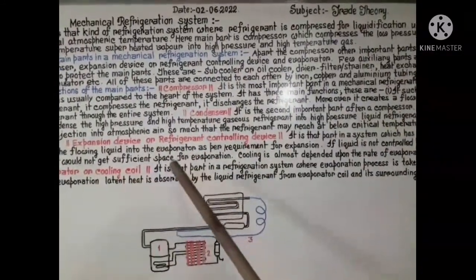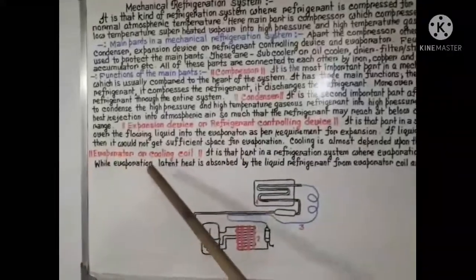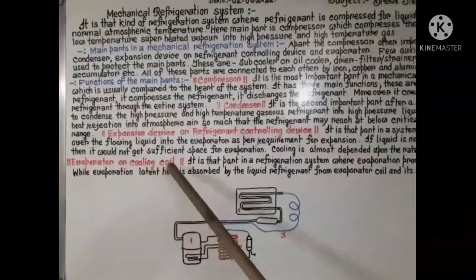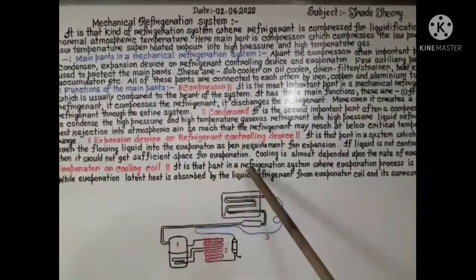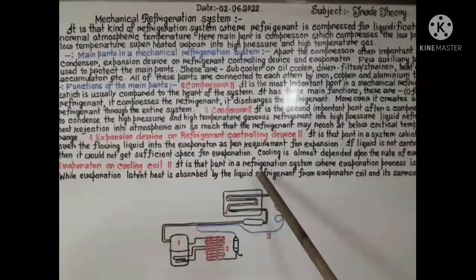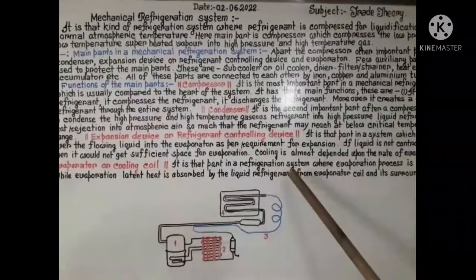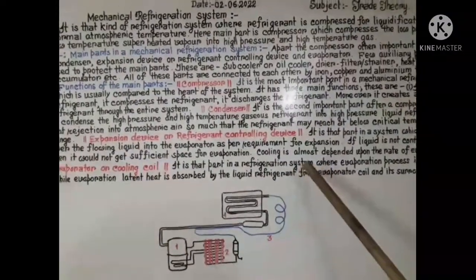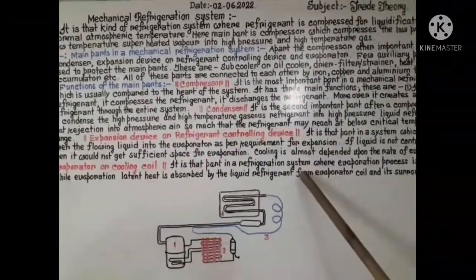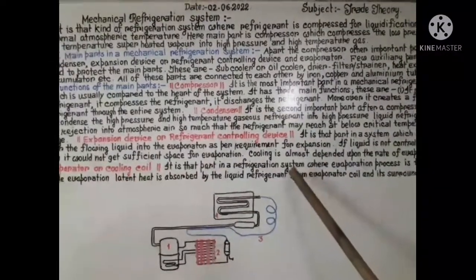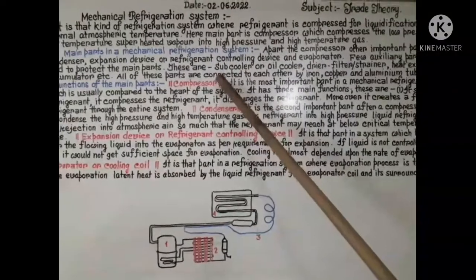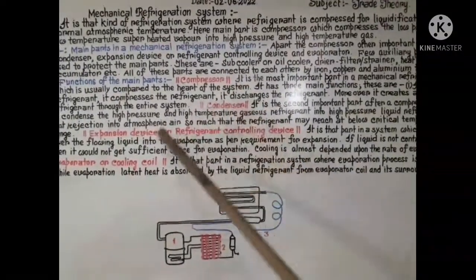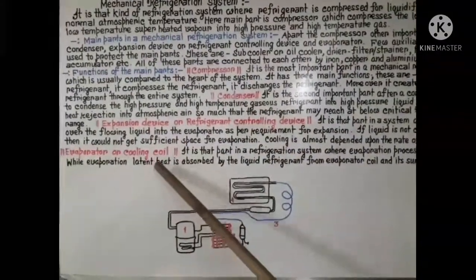And the fourth function is evaporation. Evaporation happens in the evaporator, and while liquid changes into vapor state, due to the heat absorbed by the refrigerant, that surface becomes cool. So the four main functions are compression, condensation, expansion, and evaporation.